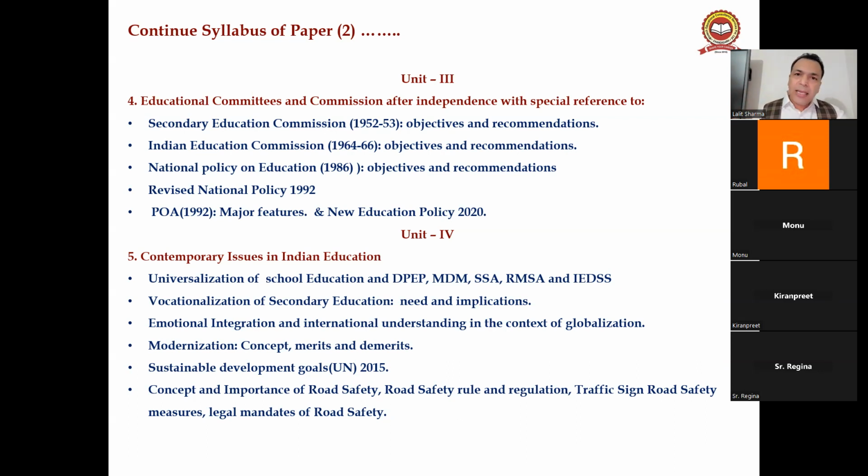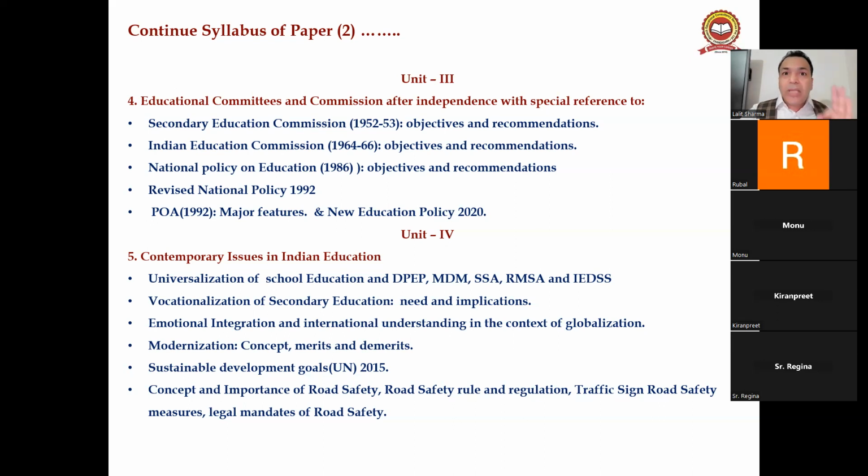According to your syllabus, you have to remember that after independence I have 4 commissions and 2 policies in my syllabus. So this is unit 3. First, today we are discussing the Secondary Education Commission 1952-53. Remember the name of the person who gave this commission, Mudaliar.